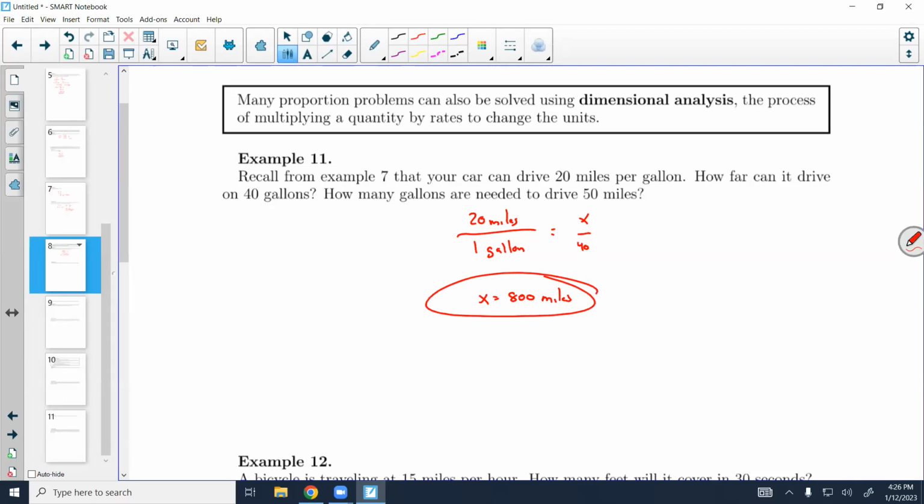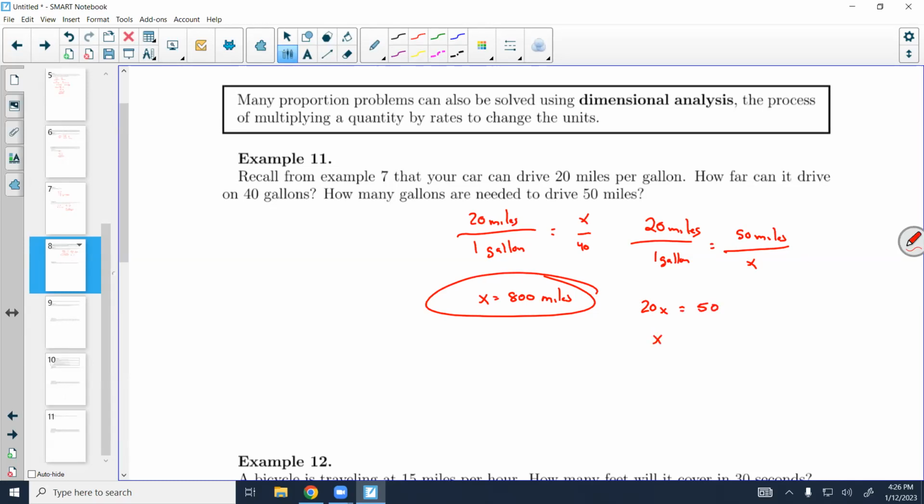How many gallons are needed to drive 50 miles? So in that case, we have 20 miles for 1 gallon. And I want to know how many gallons to go 50 miles. So again, cross multiply, we get 20 times x equals 1 times 50.